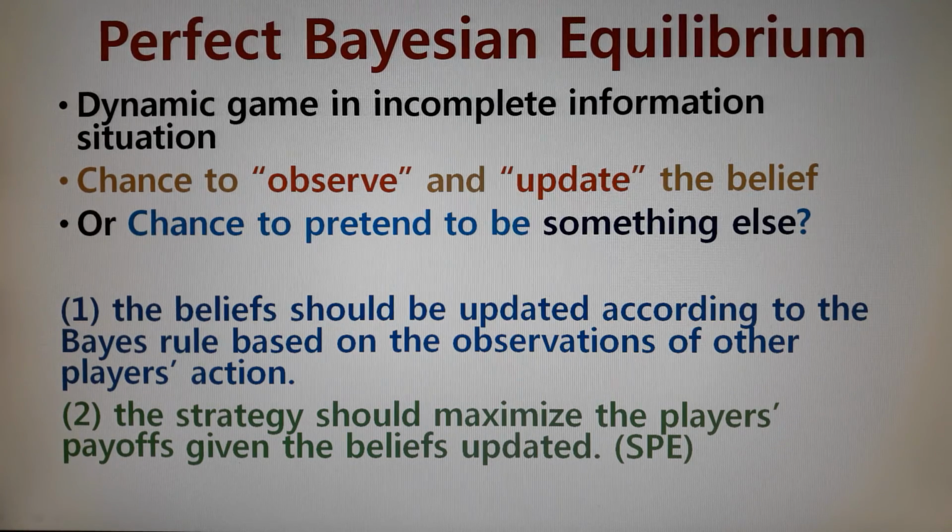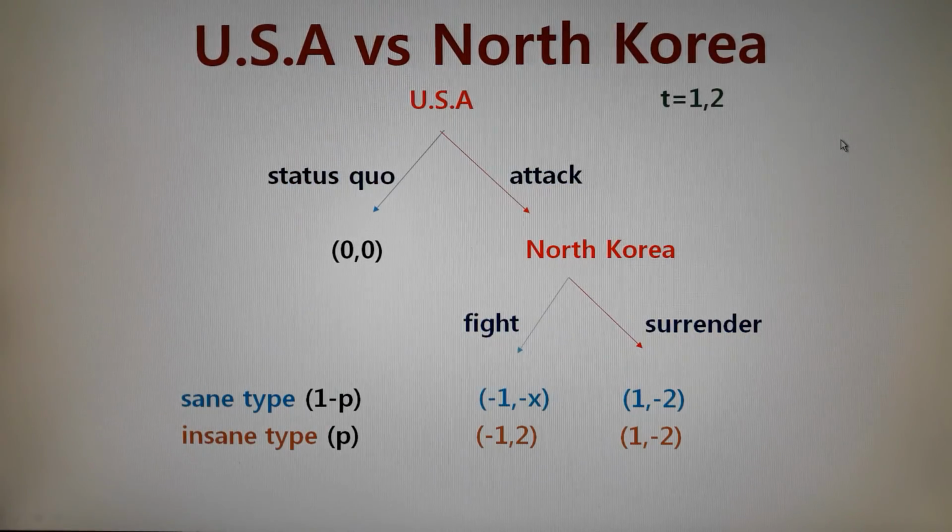Nash equilibrium, Bayesian Nash equilibrium, subgame perfect equilibrium, perfect Bayesian equilibrium. Okay, the economists are not very imaginative and creative people, so the same old names.